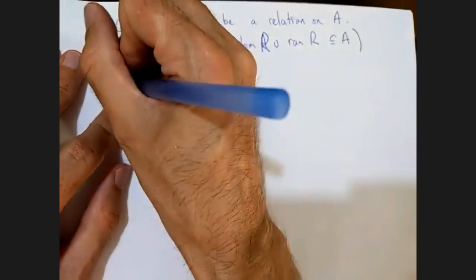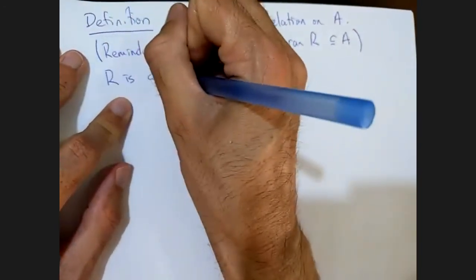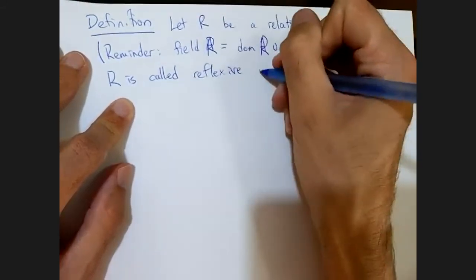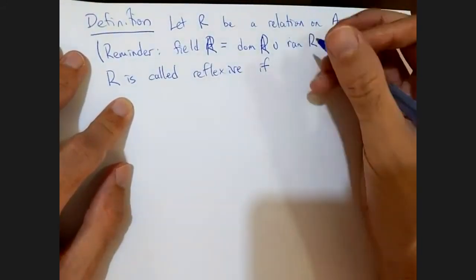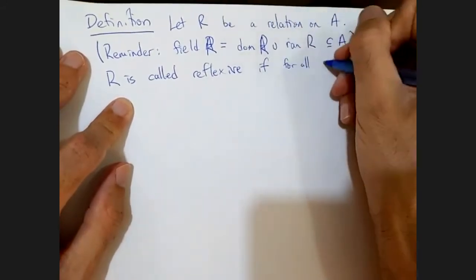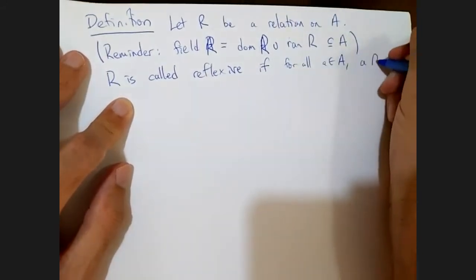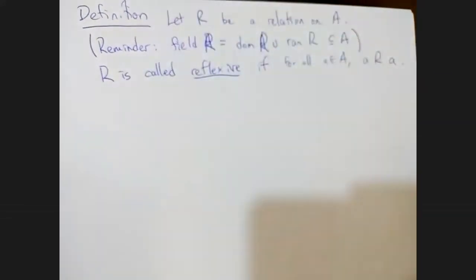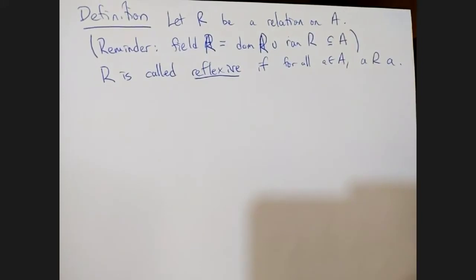Okay, then R is called reflexive if for all a in A, a is related to a. And just to reiterate, for relations, we define the relation first, and then we say a relation is reflexive.